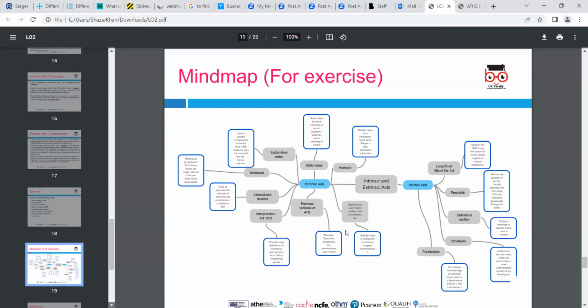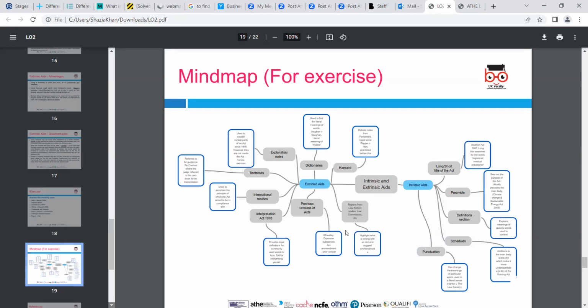Then you've got the intrinsic aids, which are the long and short title of the act. That looks at things like the Abortion Act 1967, with the long title examined for the words. And then you've got the preamble, which sets out the purpose of the act and usually precedes the main body of the act.